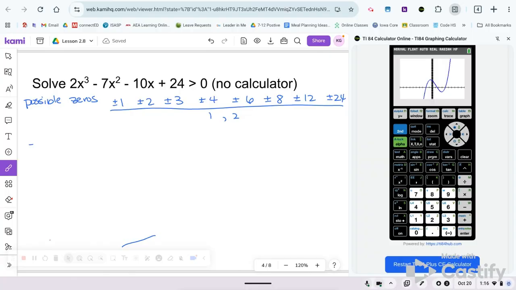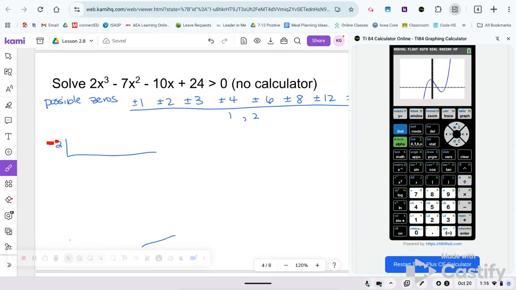All right, so try -2 with my synthetic division. So I have 2, -7, -10, 24, drop the 2. 2 times -2 is -4. Add those to be -11.